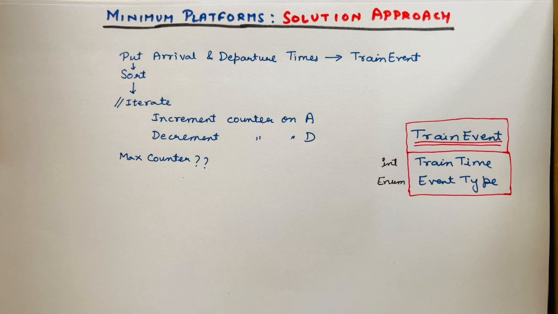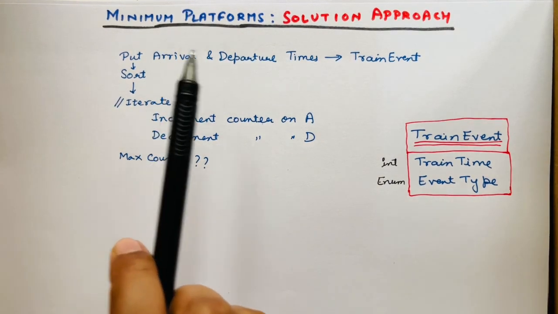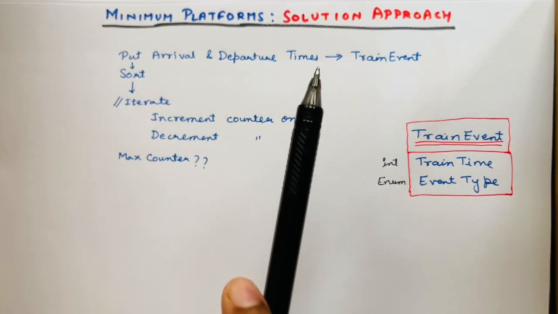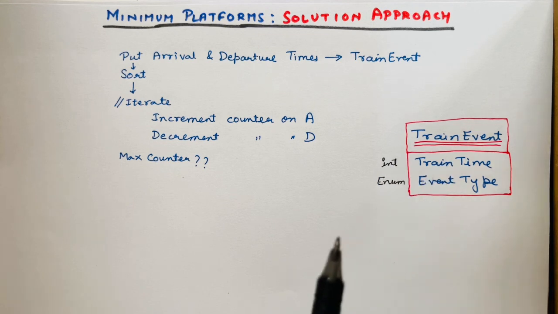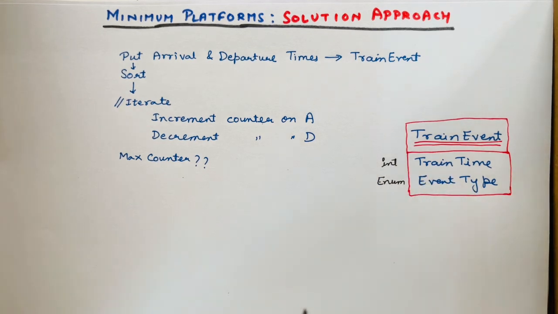Let us now try to formalize our solution approach into an algorithm. So first thing that we'll do is we'll use those arrival and departure time arrays and we'll convert them into train events array. Train event is our new data structure which has a train time and an event type.